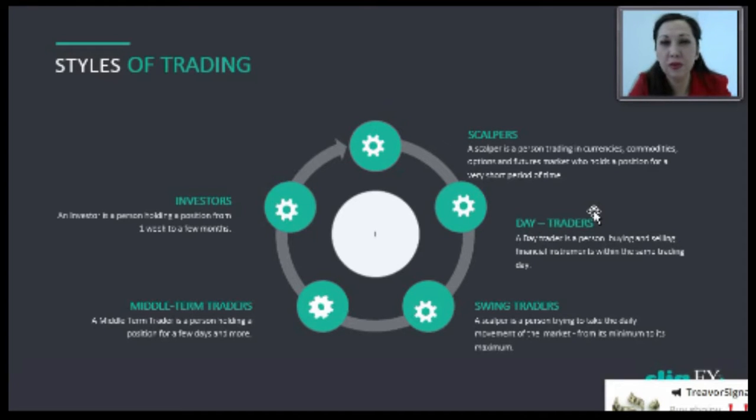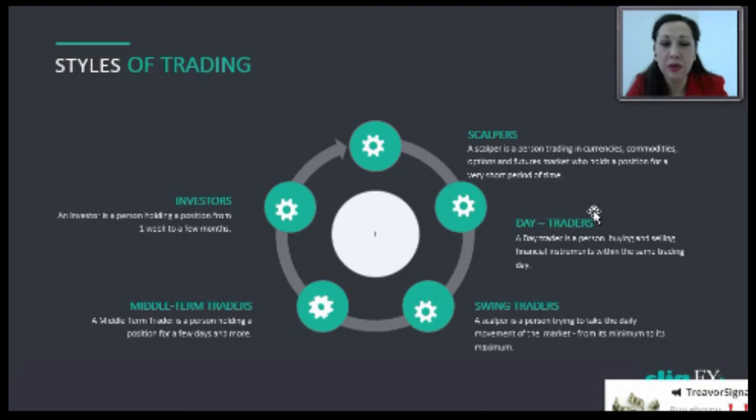But of course, it doesn't happen very often on the market, and you have to know when this situation is coming, or be ready for it. So scalpers are traders who don't stay in the market for a long period of time.